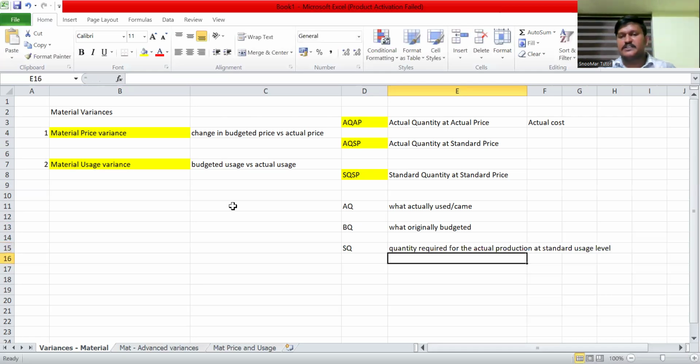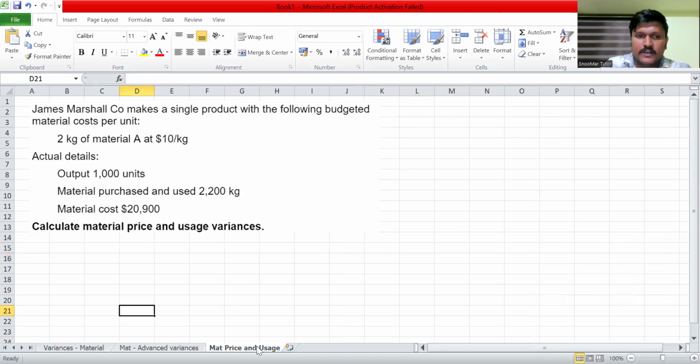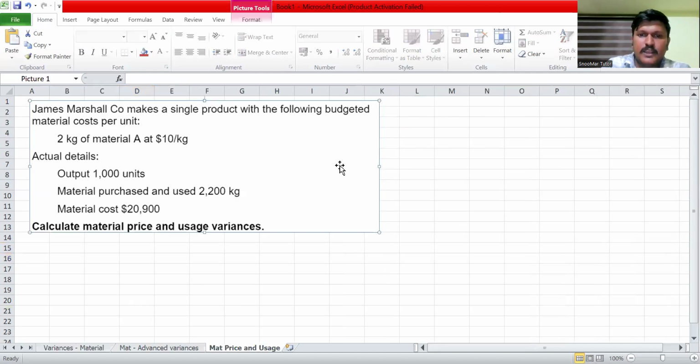We'll see what this is actually in the next question. Now let's consider a revision of this concept using one example. James Marshall Company makes a single product with the following budgeted material cost per unit: 2 kg of material A at $10 per kg.